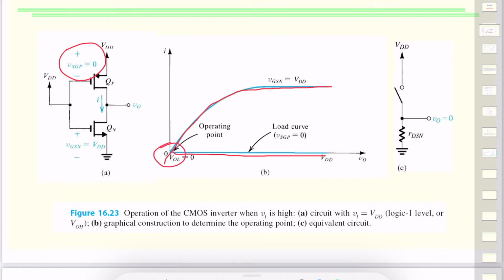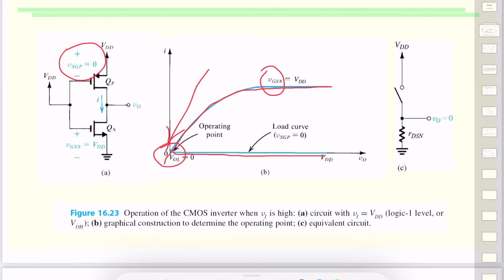If you think about it, this is where there is the maximum rate of change, so maximum slope for the NMOS. The operating point is then at a point where there is zero current, hence ID is zero. This operating point tells us the intersection of two curves, where the output voltage is zero and the current through the devices is also zero.